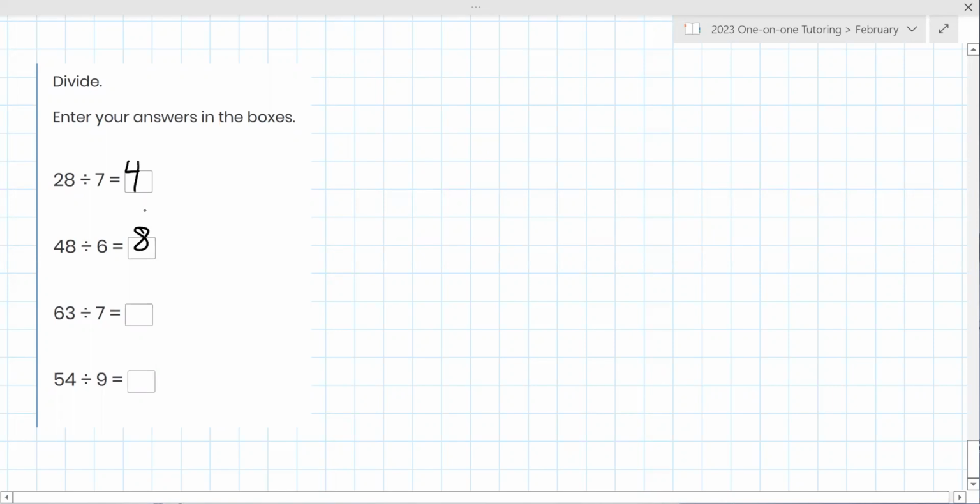Good. 63 divided by 7 is 9. Good. And 54 divided by 9? 6. Good. Very good.